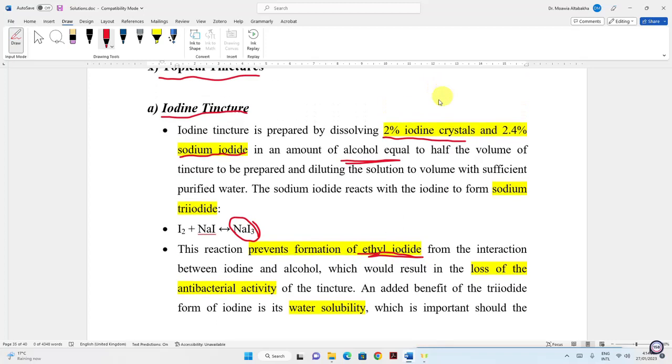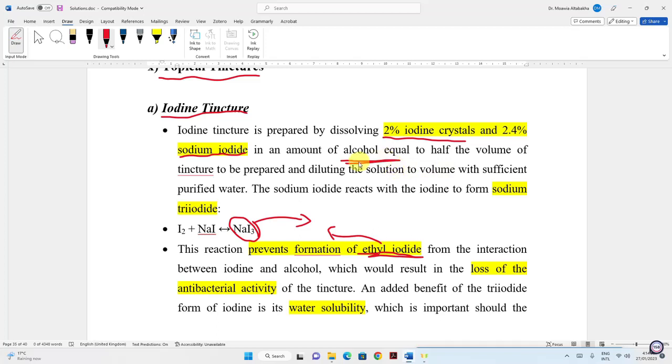If I just use iodine in alcohol, we will get ethyl iodide. That is not desirable because it will lose its antibacterial activity. So in order to prevent that, we need this to form, and this will prevent the formation of ethyl iodide. This is number one.